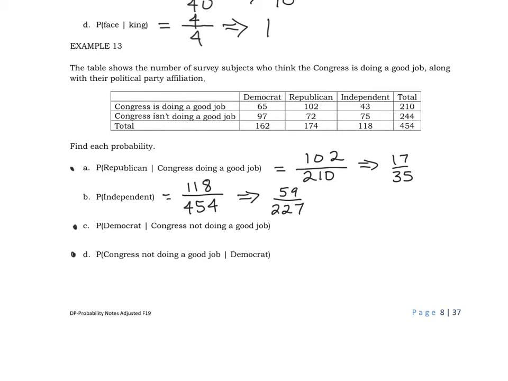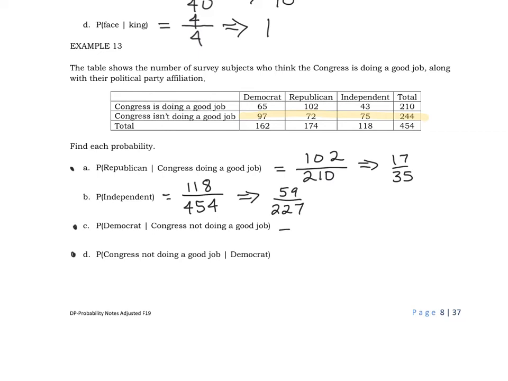The other, so C, what's the probability that the respondent was Democrat given they thought that Congress was not doing a good job? So we are going to look at the category that Congress is not doing a good job. So remember how that changes our number of outcomes.